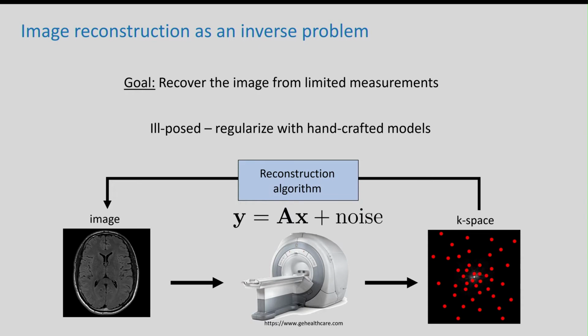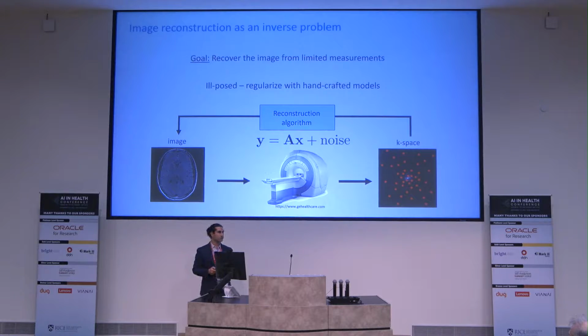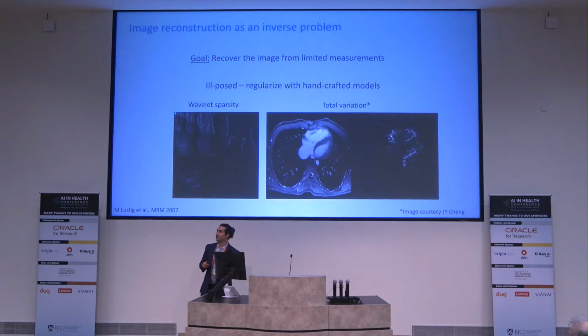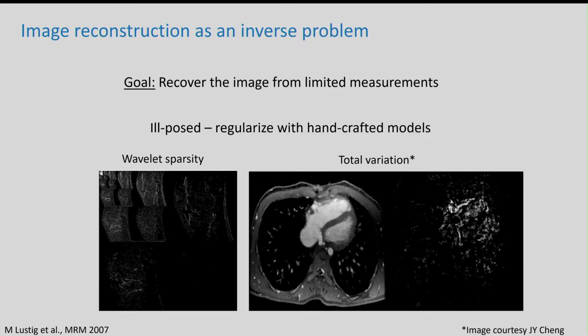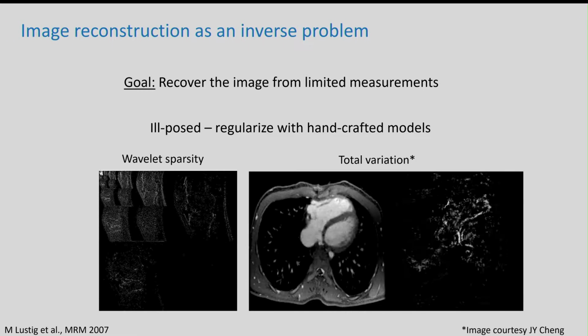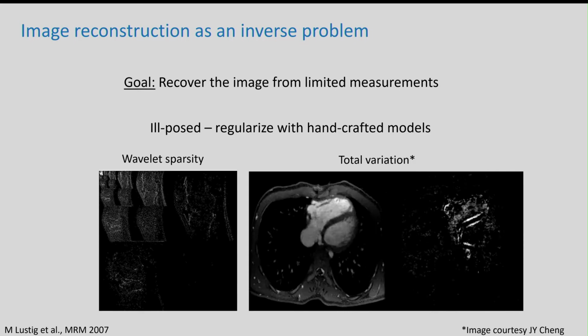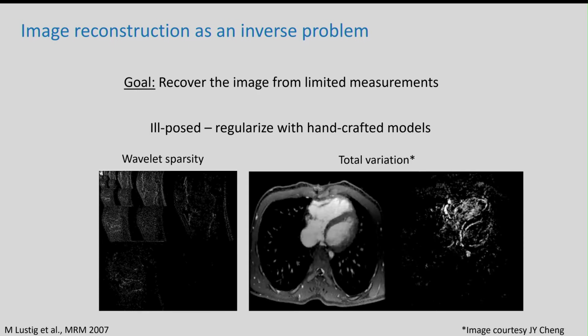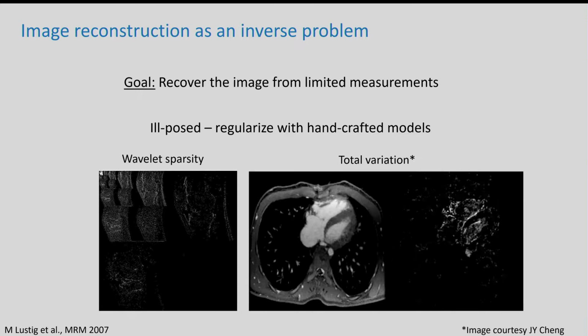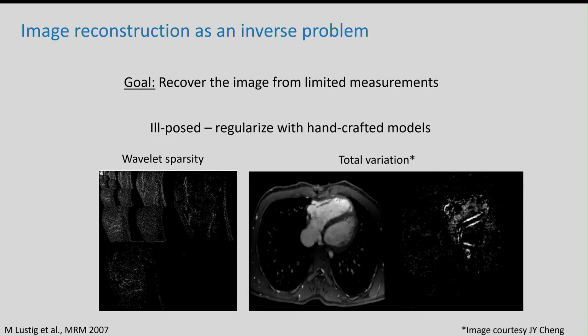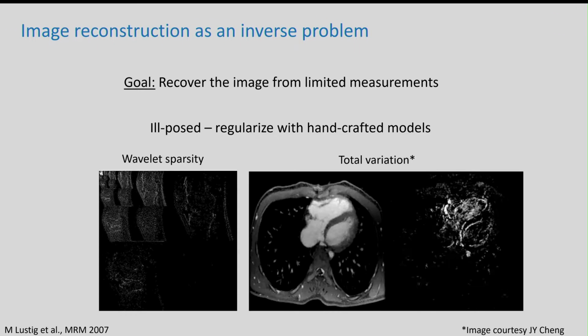What was done in the past is that these methods were regularized with handcrafted models. Borrowing from the mathematics domain, people designed these handcrafted models that are really good for image compression. And they use them to regularize the solution so that we're not looking for any old image, but for an image that, for instance, has a small number of non-zero coefficients in what's called the wavelet domain, which is used in JPEG.